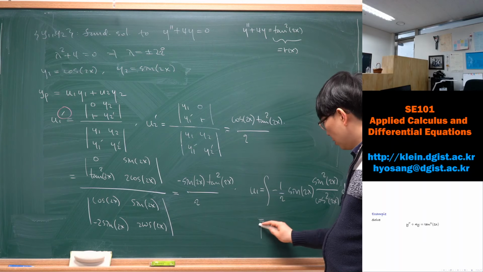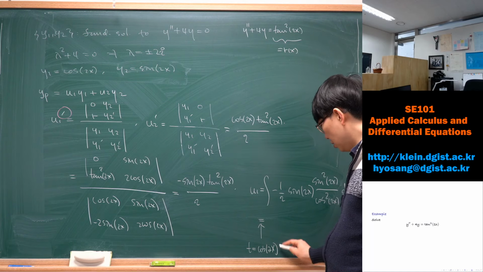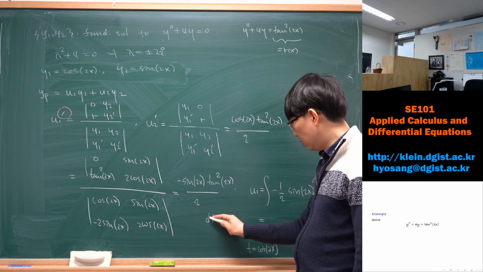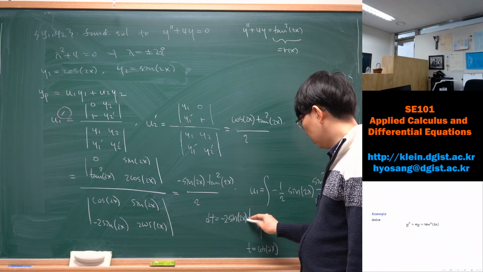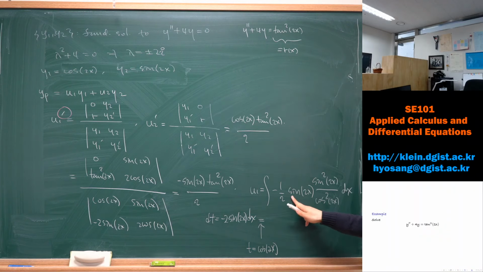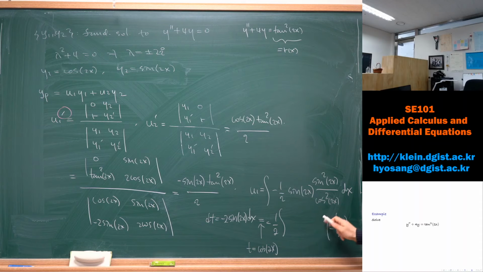Let's replace cosine 2x with t. Then dt equals negative 2 sine 2x dx, so sine 2x dx will be replaced with negative 1 over 2 dt. What I have in the rest is t squared, and here 1 minus cosine squared becomes 1 minus t squared.